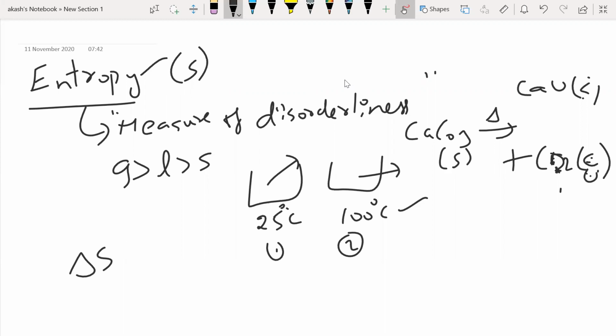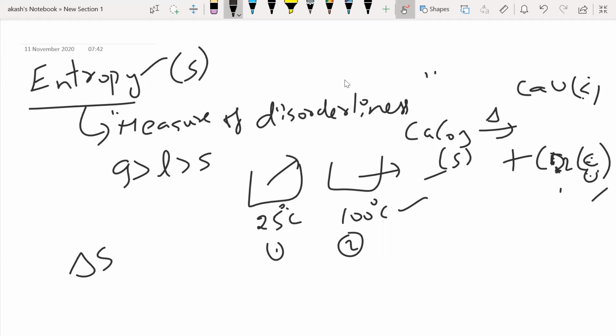So I have CaCO3 solid becoming CaO solid and CO2 gas. Now what do you understand from this? If I ask you whether the entropy is decreasing or increasing, what will be your answer for this reaction? Increasing, right? Because on the reactant side I had only solid, but on the product side I have a gaseous molecule.